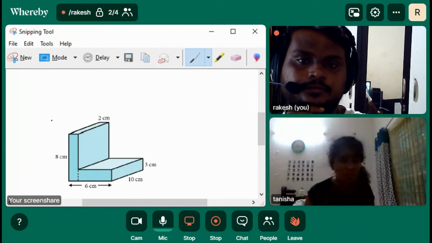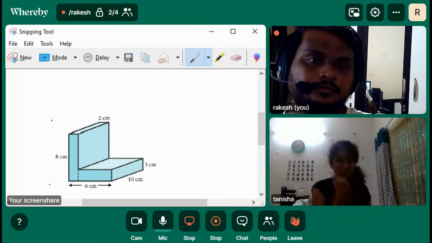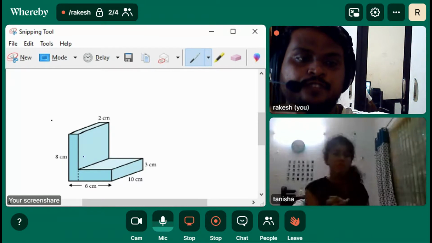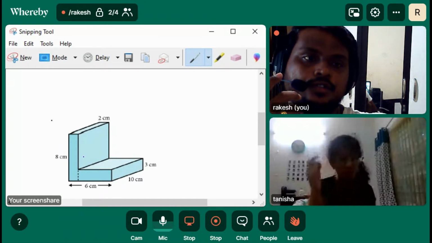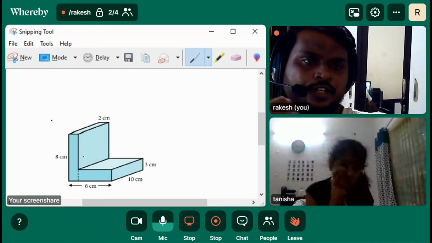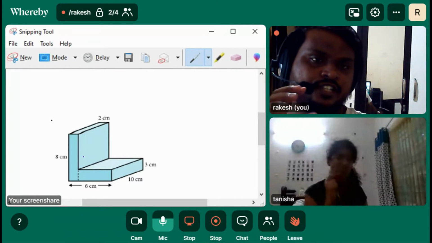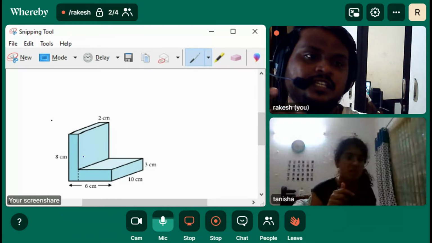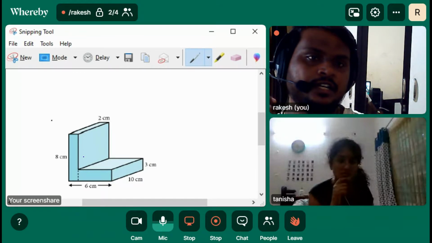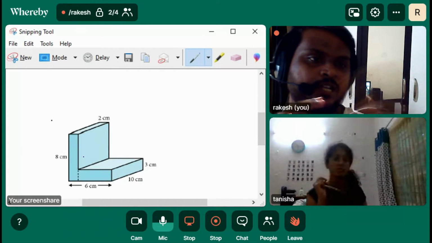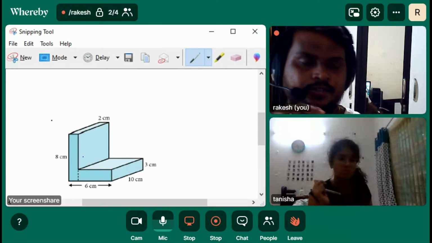First recognize how many faces there are and which faces are equal, so it will reduce your time. We should not waste time calculating the same area, isn't it? So which faces are the same? You recognize that, find it out only one time, and multiply that many times.